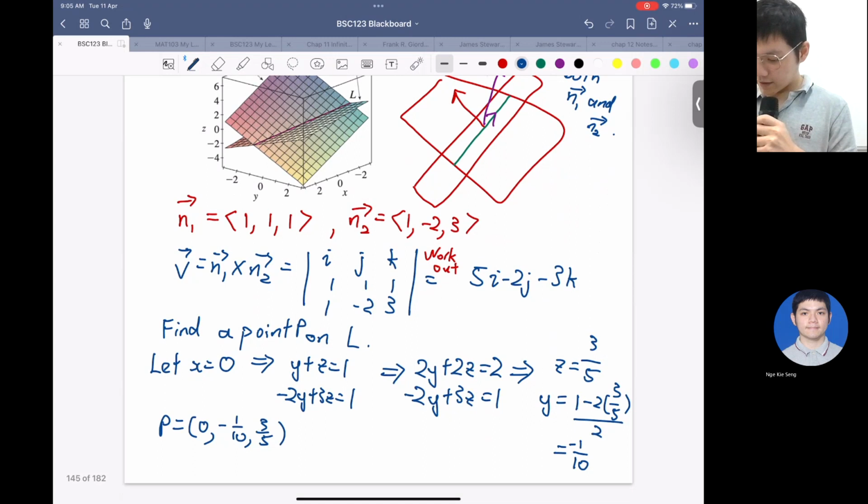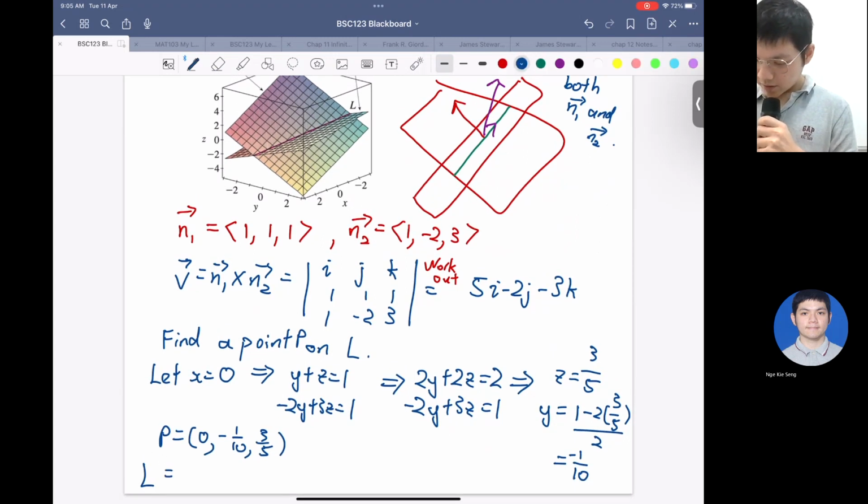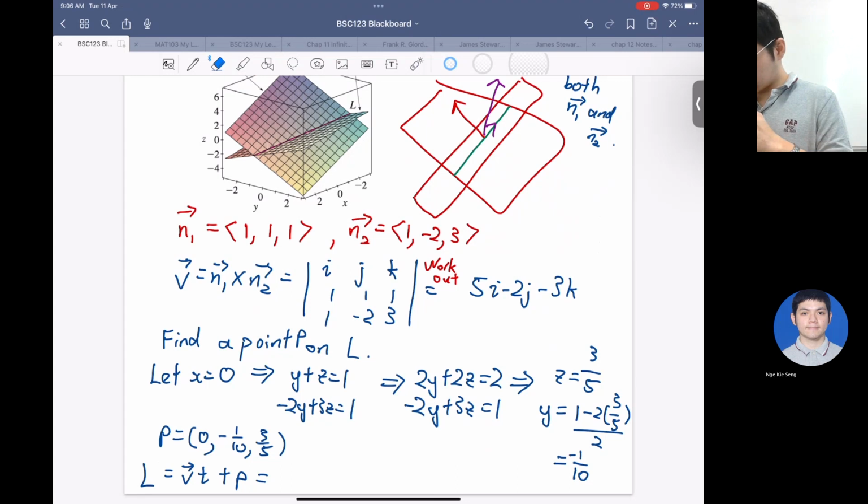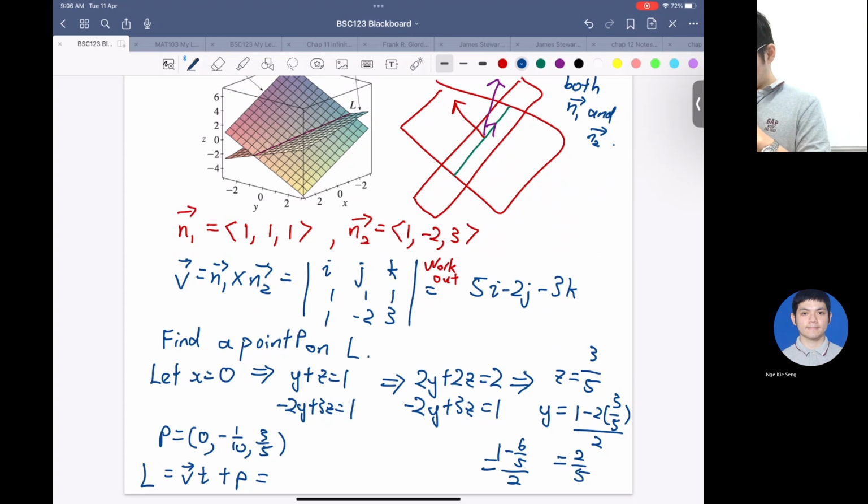And then we got the vector here. So our L is equal to V times T plus P. Let me check the numbers: 1 minus 3Z minus T, over 5.